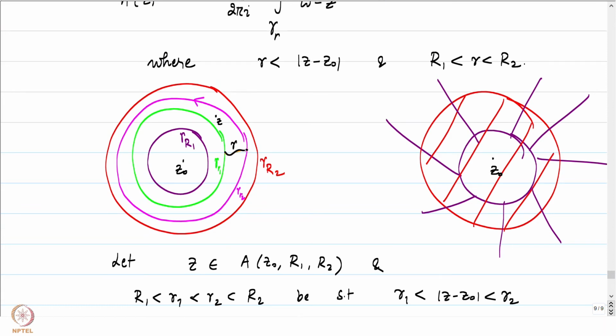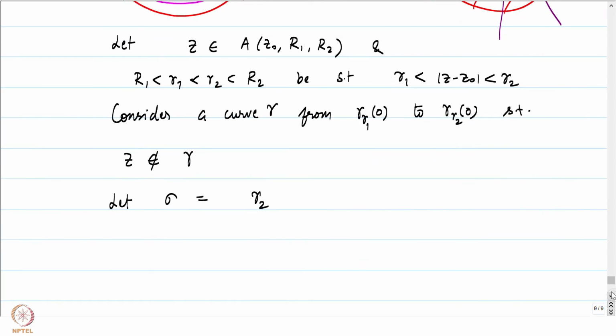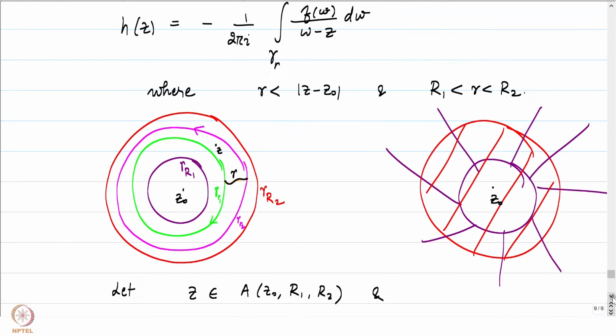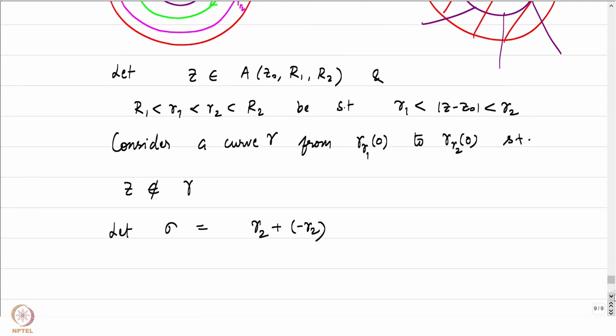It comes back to this point, and then you go along minus gamma, and then we will go along gamma r1 in this direction, which is minus gamma r1, and then you come back along gamma.